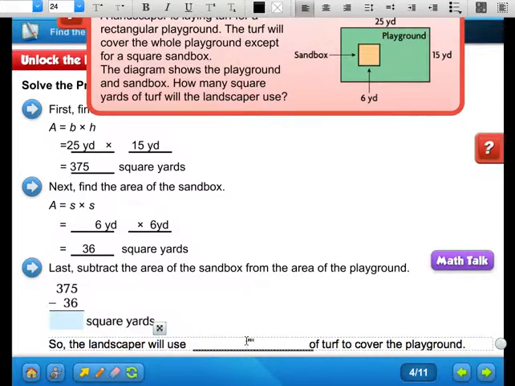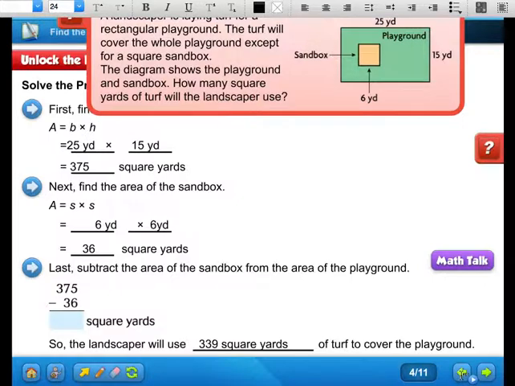Do your math, and if you need to, pause it. All right, did you get 339 square yards? If you did, you are correct. If you didn't, go back and recheck your math.